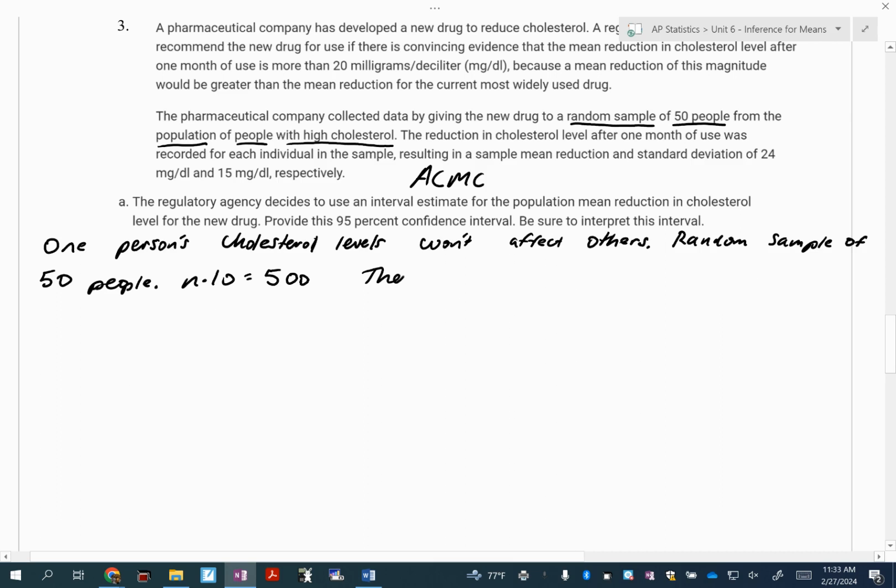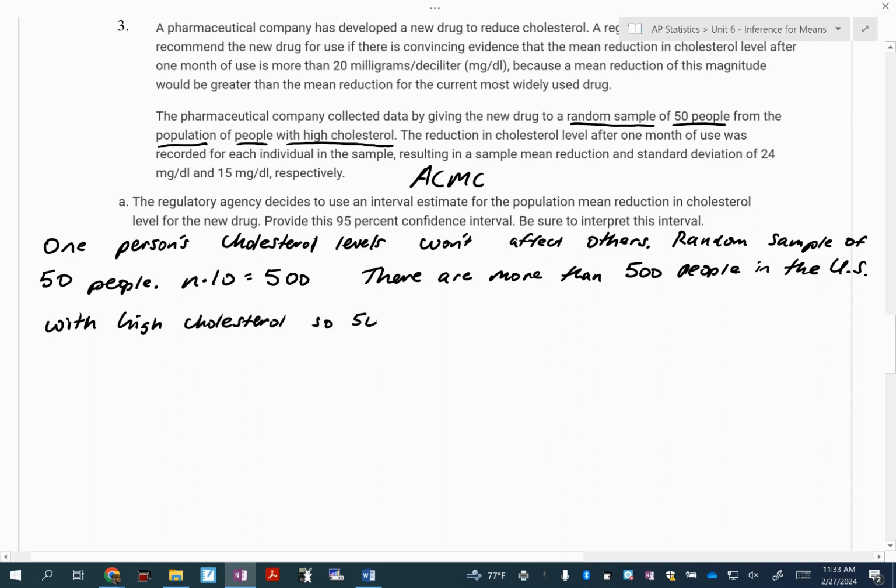So there are more than 500 people in the US with high cholesterol. So 50 is not too large.